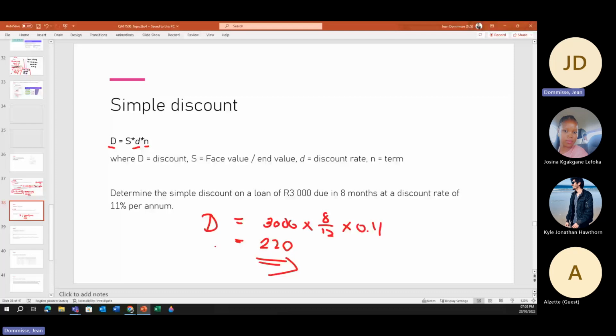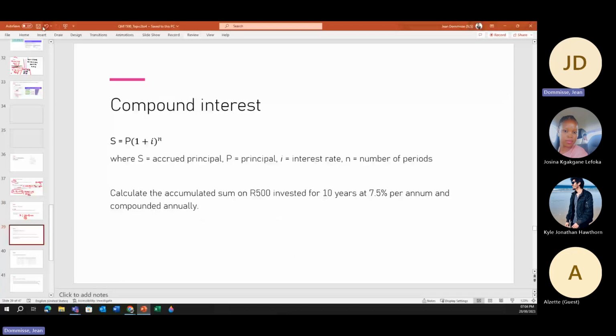Okay, now we're getting to compound interest. So again, going to use the formula a lot, but also going to show you how to use Excel. So calculate the accumulated sum of 500 invested for 10 years.